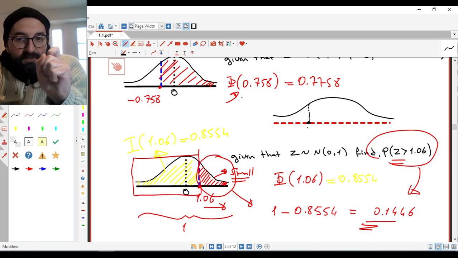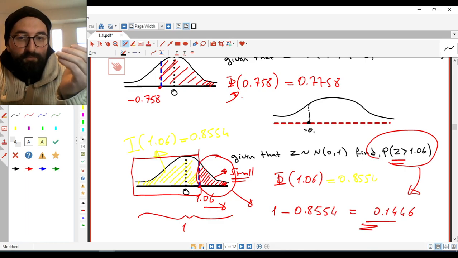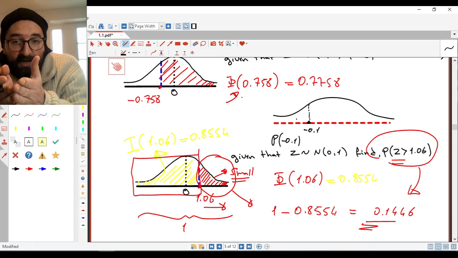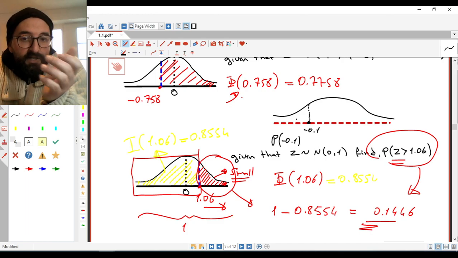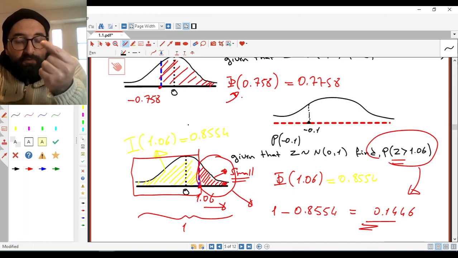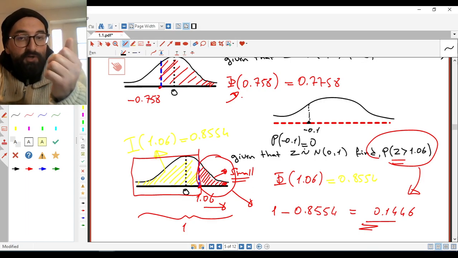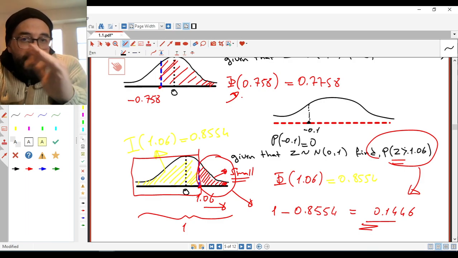For example, this is negative 0.1. I can't find the probability of negative 0.1. I can find only the probability of an interval. So the probability of only one value is every time 0. So it doesn't matter whether we have an equal sign or not.